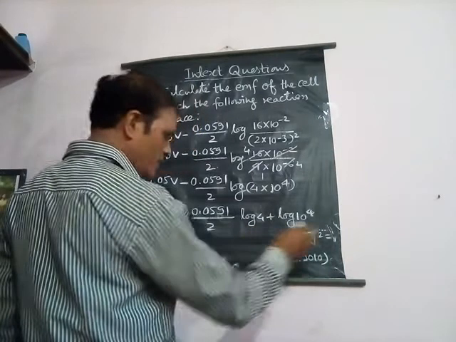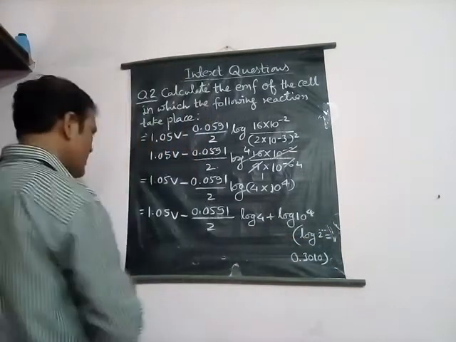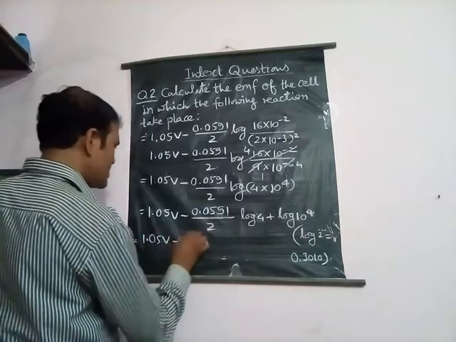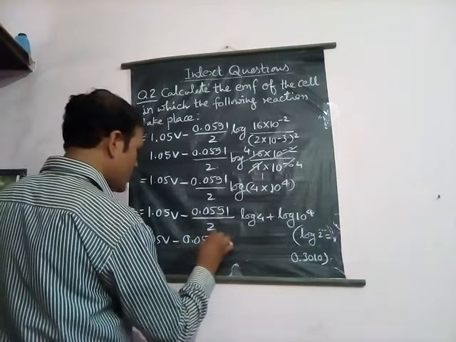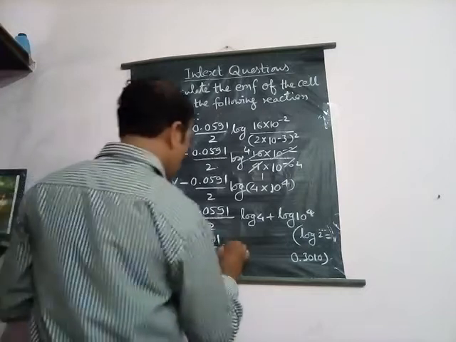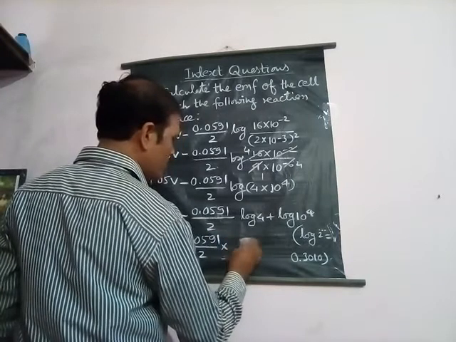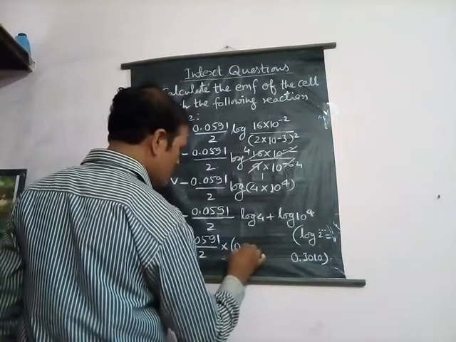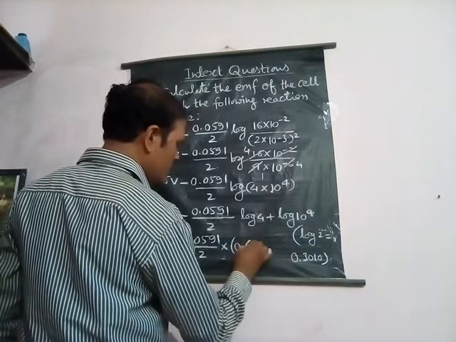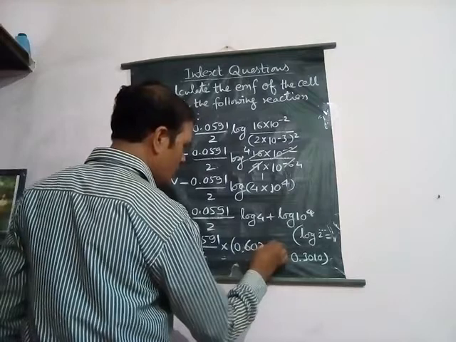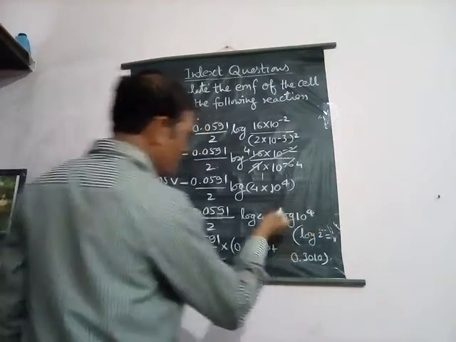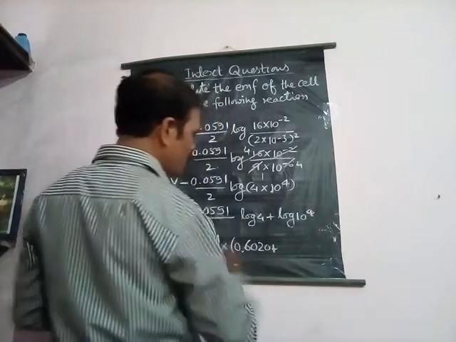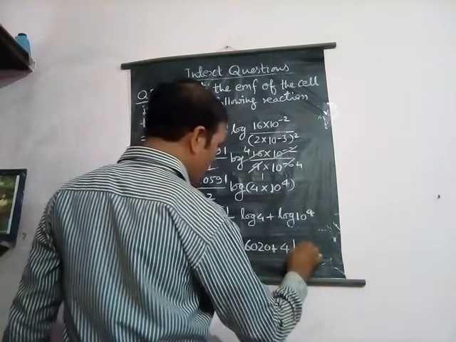Okay, so we will put the value in place of log 4: 0.3010 into 2. So we will get 1.05 volt minus 0.0591 divided by 2 into 0.6020 plus, since this 4 will come before the log, it will provide us 4 log 10.